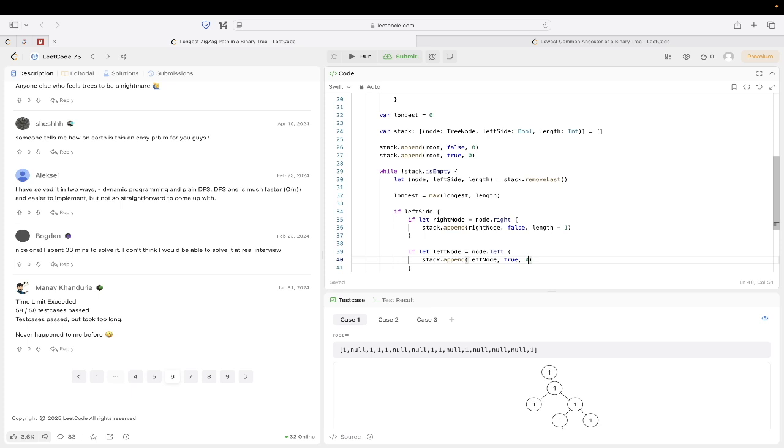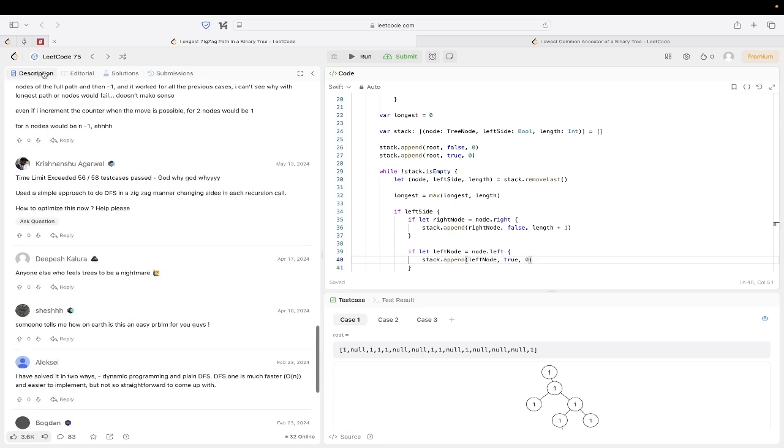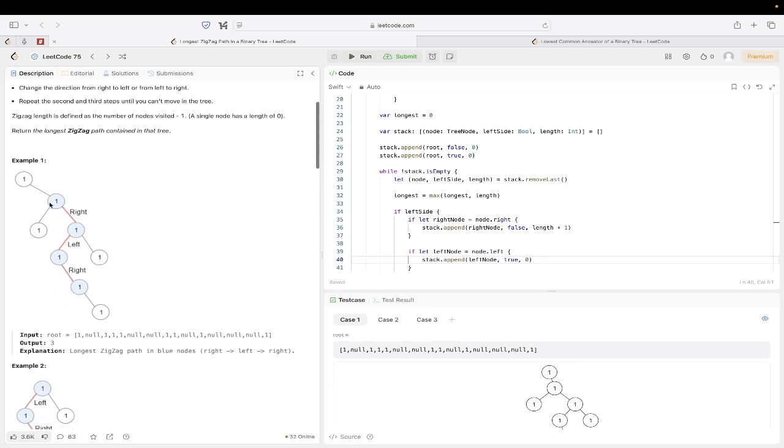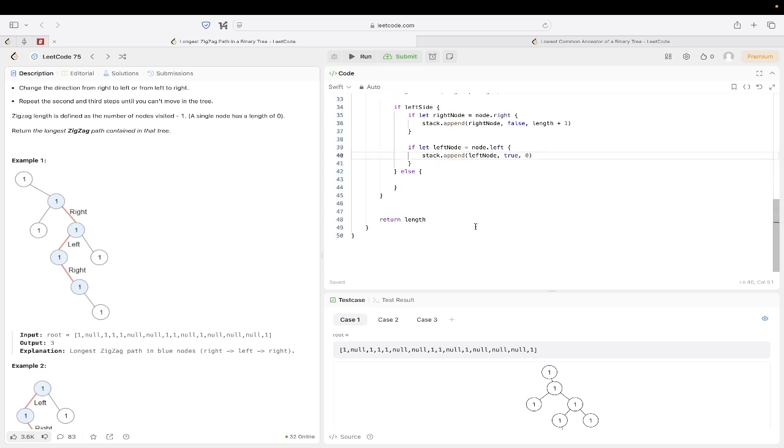If we go left again, that means we're trying to do a new path. Since we're supposed to alternate, left, right, left, if we go right and right again, that means this is starting a new path, so we're not taking this into consideration.